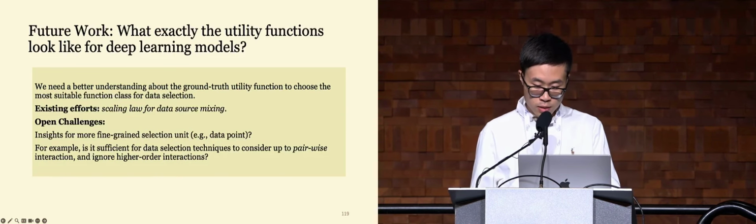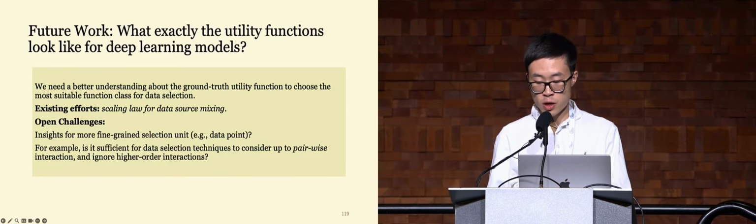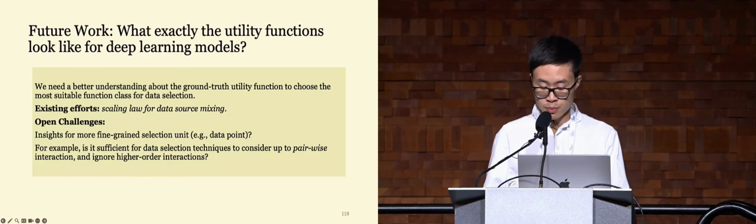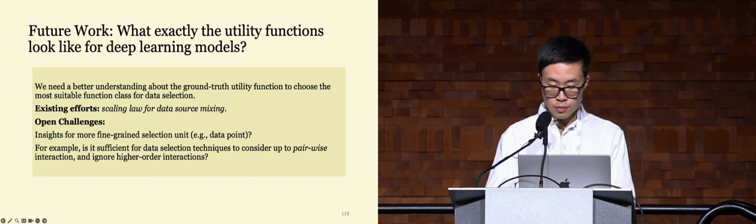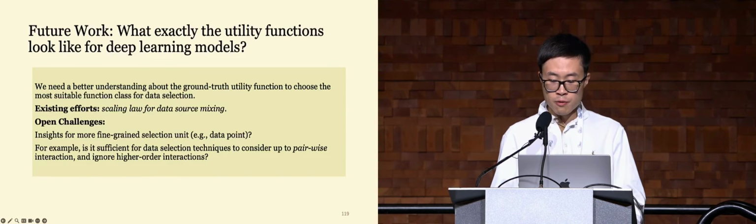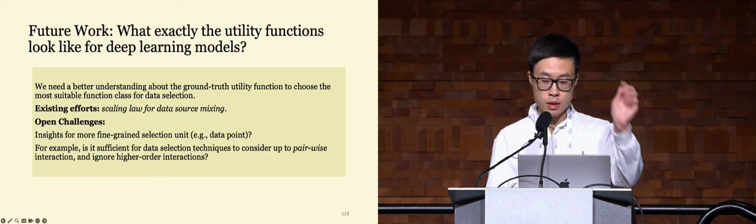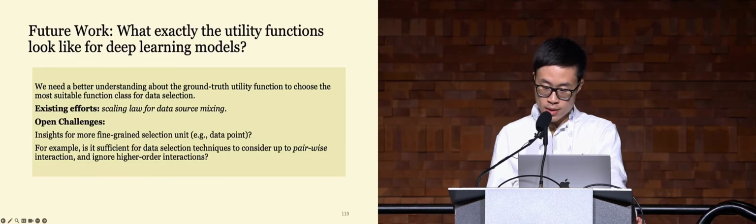However, expanding the space of the utility function class may increase the cost of learning and optimizing the utility function. So a fundamental question that remains understudied is what is the true nature of the utility function for deep learning, and particularly for foundation models.